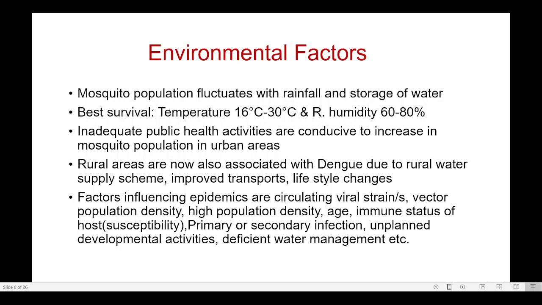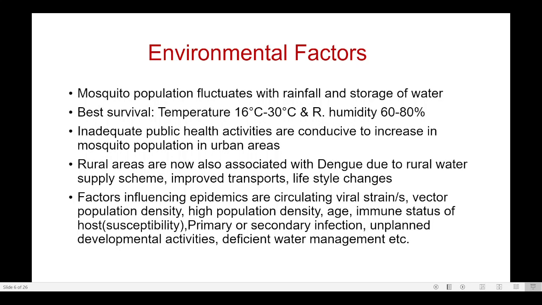All these are responsible for increased cases of dengue in urban areas. Now the rural areas are also being associated with dengue due to rural water supply schemes, improved transport and lifestyle changes.